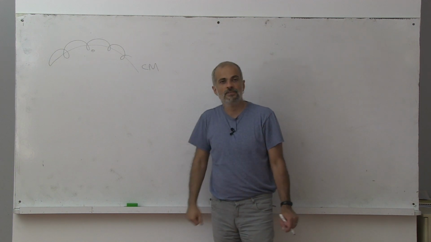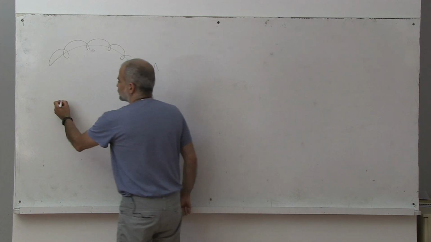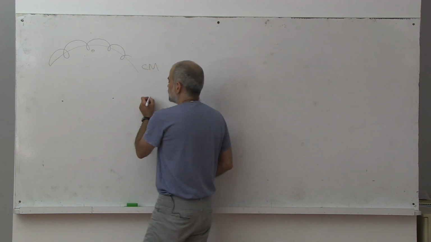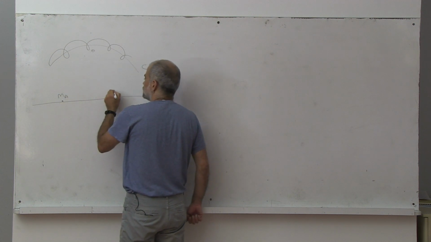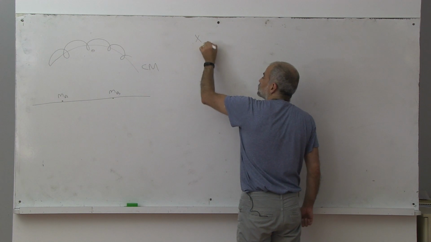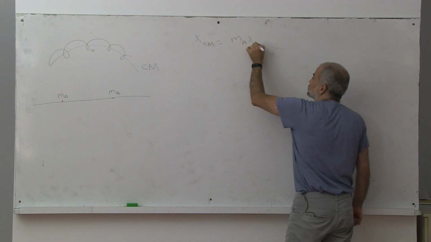Now, the definition of this center of mass: if we start from a simple example of two objects on the x-axis, this is the mass A, this is the mass B. For such a system, the position of the center of mass is defined as the weighted average of the positions of those two masses.